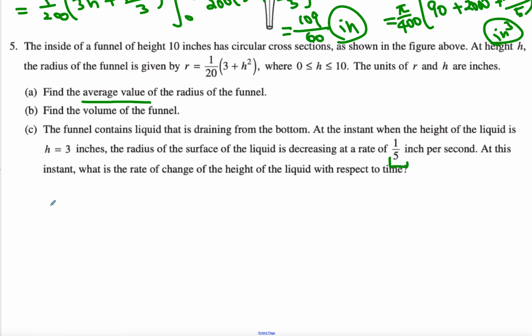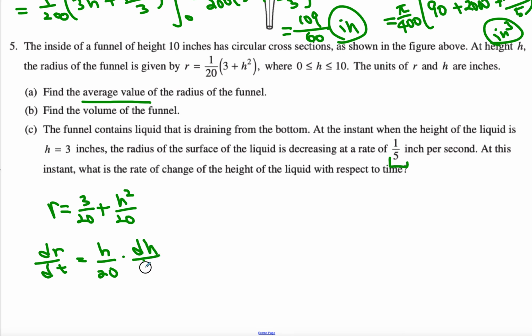We know that r equals 1 over 20 times (3 plus h squared). Let me distribute this: it is 3 over 20 plus h squared over 20. They're trying to find dh dt, while dr dt was 1/5. When you take the derivative, dr dt is equal to 2 comes to the front, so we have h over 20 times dh dt.